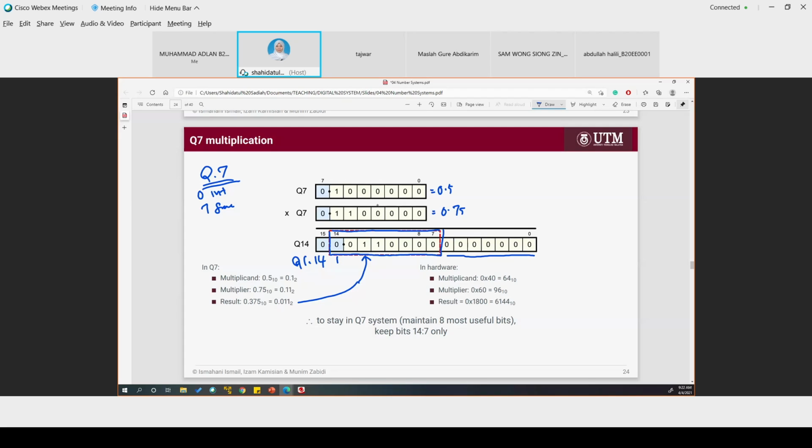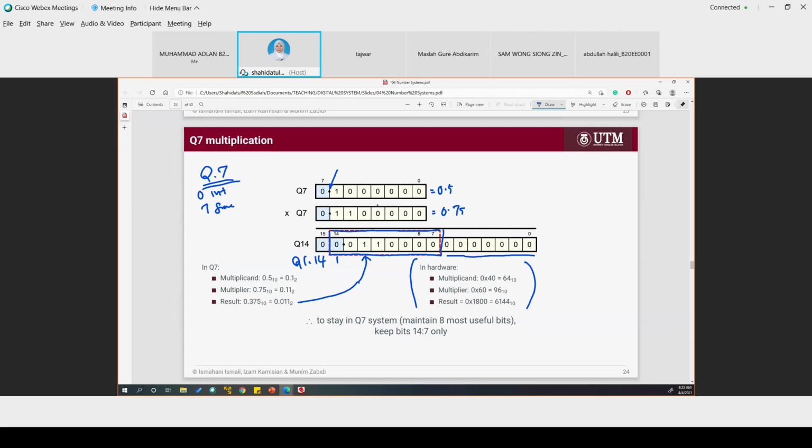Now, in hardware, remember I said your hardware wouldn't know if the number is Q format, or if the number is positive or negative. Hardware only stores 0 and 1, without the point. The point is imaginary.